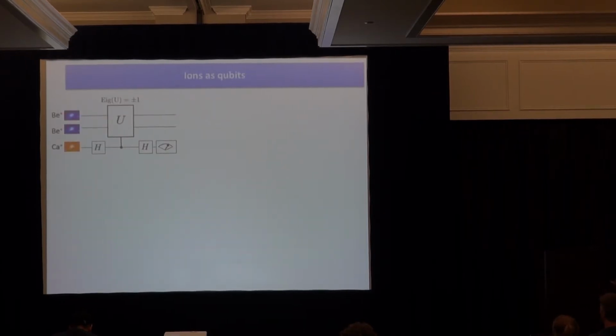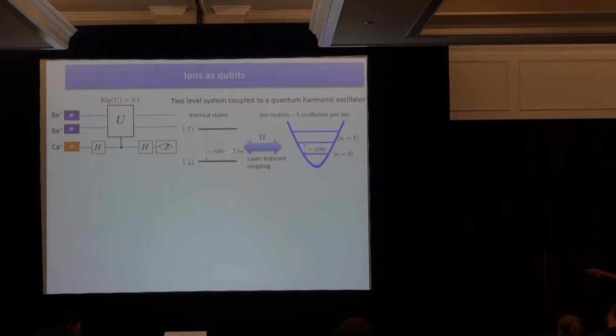As I said, we use ions as our qubits. I don't have to explain any more about the basics of ion trapping, since Norbert beautifully explained it before. But for the purpose of this talk, what we need to know is that ions are just two-level systems coupled to some quantum harmonic oscillators, right?